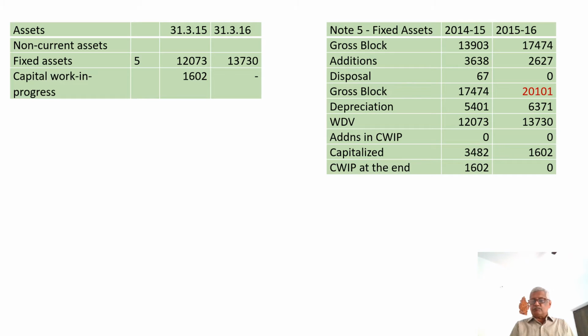machinery worth 36.38 crore in 2015 and 26.27 crore in 2016. There are some disposals worth 67 lakhs in 2015, whereas there is no disposal in 2016.